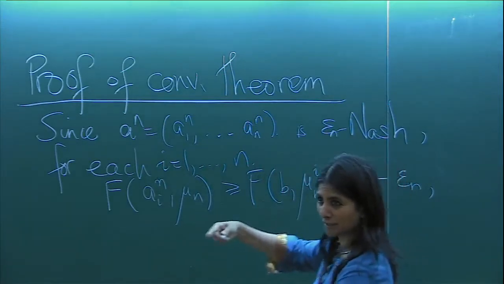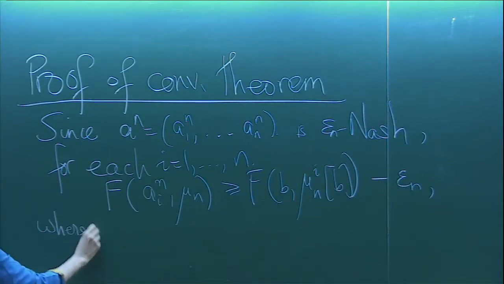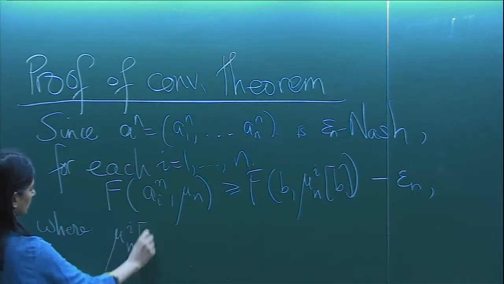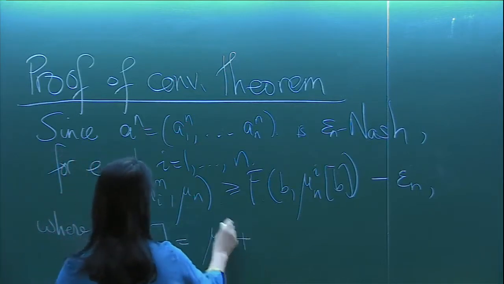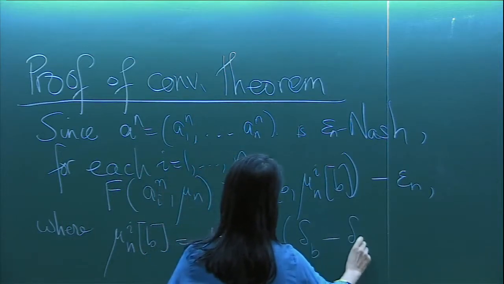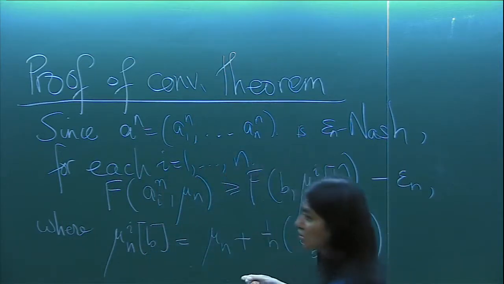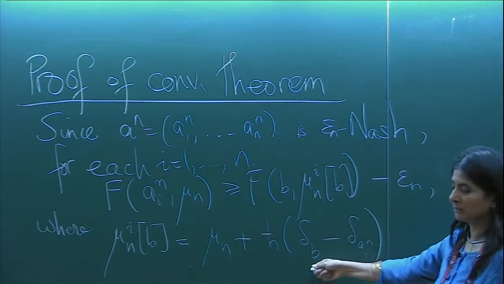It's just substituting my ai by b, right? Where mu n ib is simply the measure I get by taking mu n but removing my delta ain. So this is just switching the strategy of the ith player to b. Is that clear?